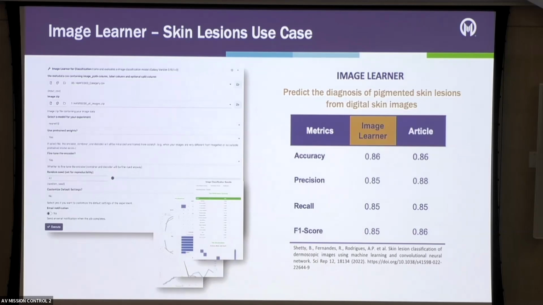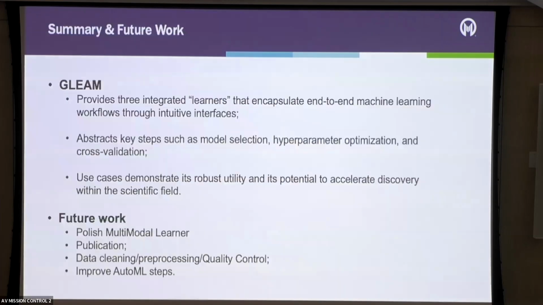So we are just throwing in the data set and waiting for the results from the model that we have in the tool. As you can see here, the accuracy, precision, recall, and F1 score look pretty similar to the ones published in this paper, showing that our tools are robust and doing their job.